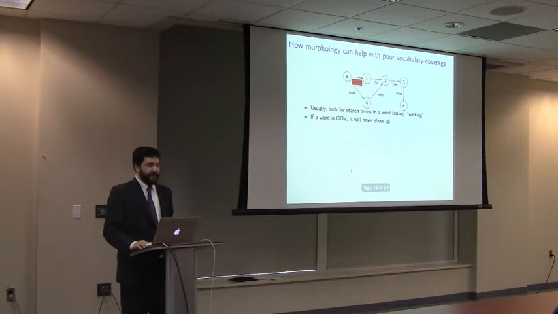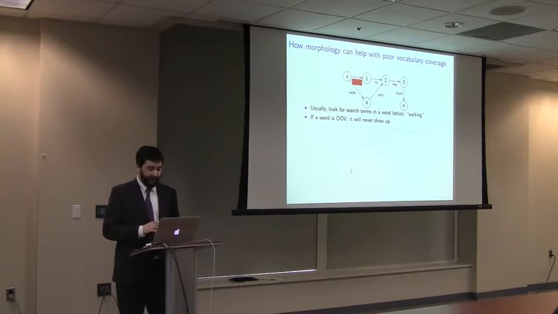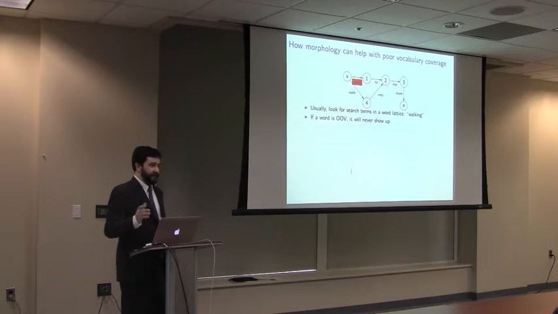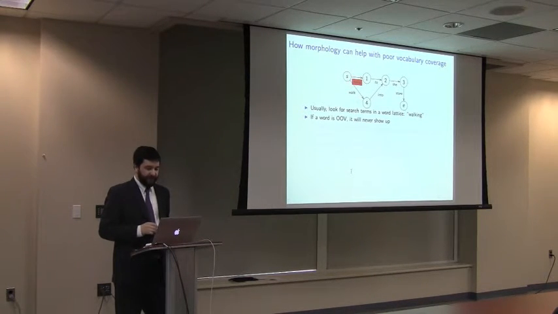But if a word is OOV, it's never going to show up in the word lattice. Maybe something else will show up that sounds similar, and then we might be able to match that if we have a confusion matrix of how similar different phones are. I believe that's how the Attila system is backing off in the vanilla case that we were given.